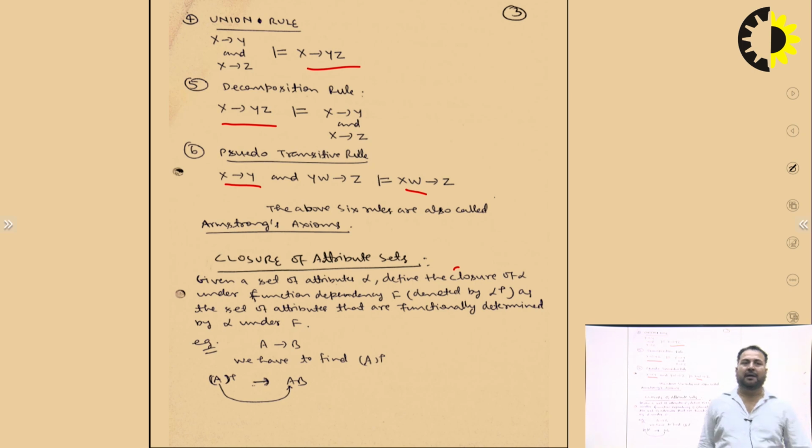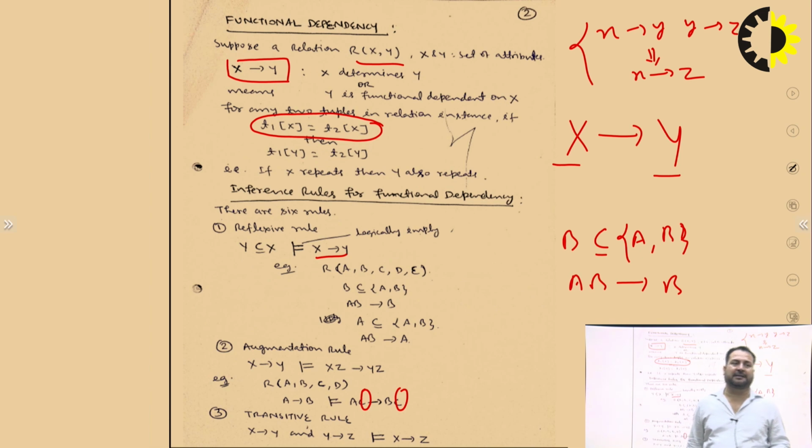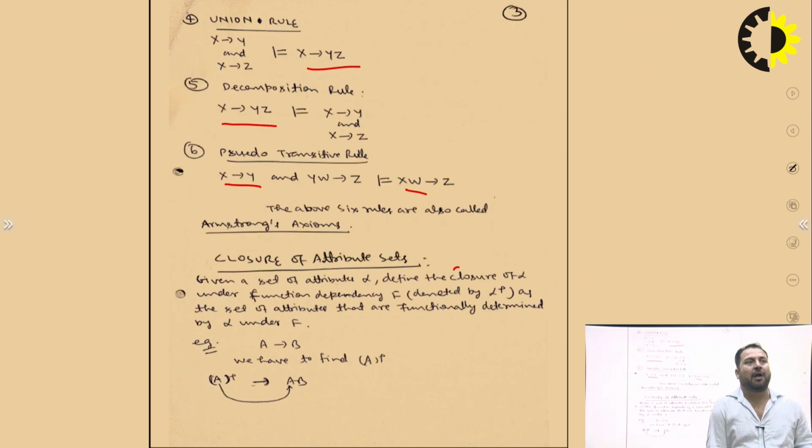Functional dependency says that if X and Y are attributes, or sets of attributes, and somehow the value of X repeats and the value of Y also repeats in a relation, if the value of X repeats, then Y also repeats, then we can say that X determines Y. That is, Y is dependent on X. And this functional dependency has 6 inference rules. First is reflexive, second is augmentation, third is the transitive rule, fourth is the union rule, fifth is the decomposition rule, and sixth is the pseudo transitive rule.